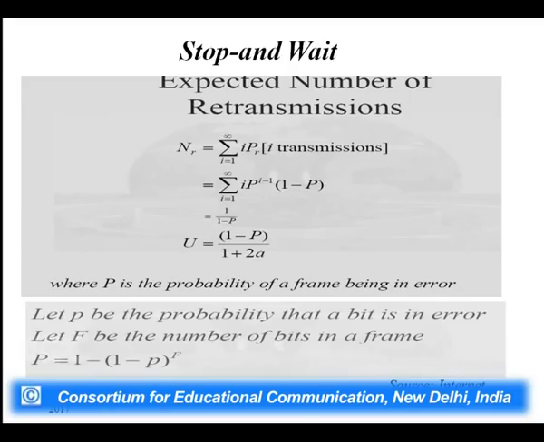If there are f bits, and all f bits have no error, that is 1 minus p into 1 minus p into 1 minus p, f times. That means 1 minus p raised to the power f is the probability that none of the bits in the frame has an error. If none of the bits has an error, that means the frame has no error.